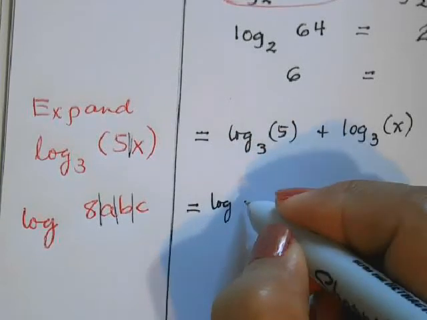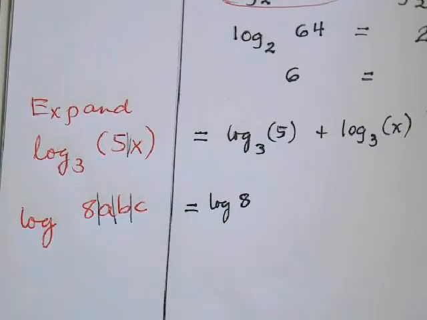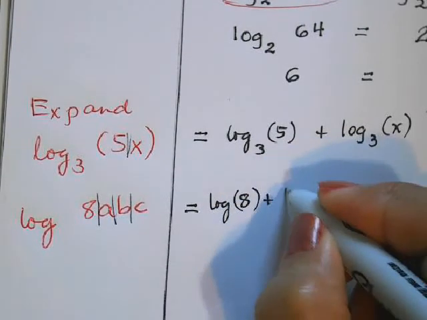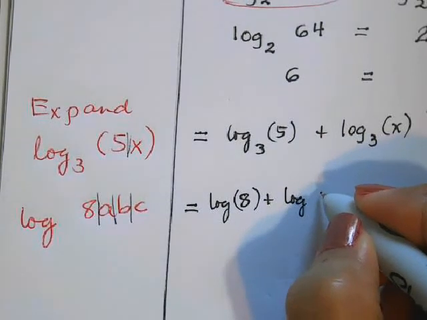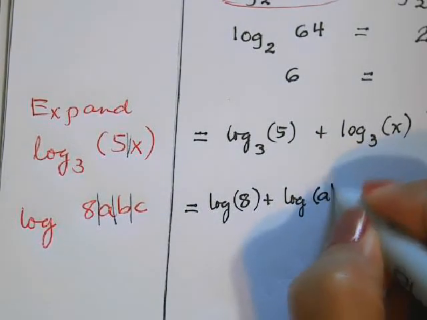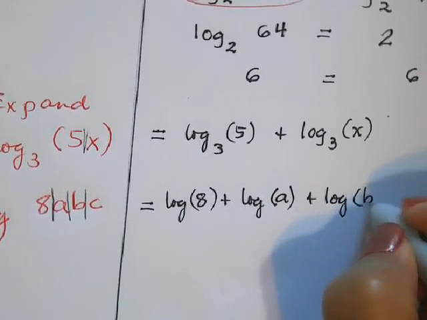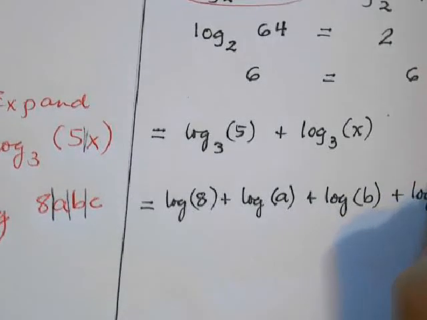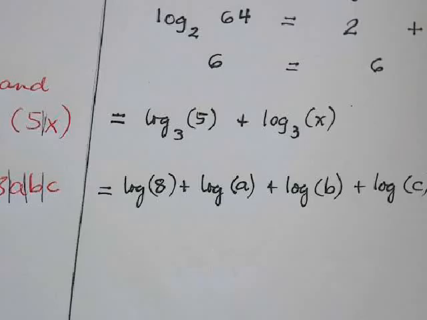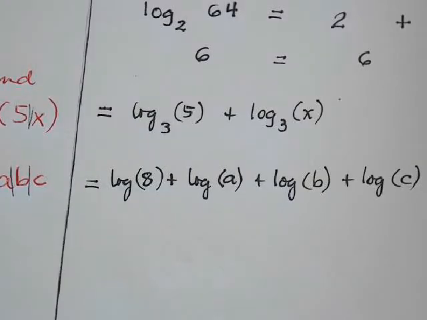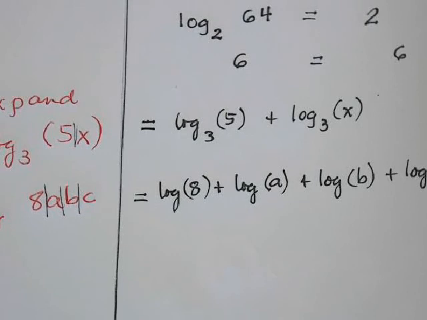So log base 10 of 8, we don't write the 10, plus log of a, plus log of b, plus log of c. Isn't that cool? That's something different. That's good. So can you think of the log of a quotient? I'll see you in the next video. Log of a quotient.